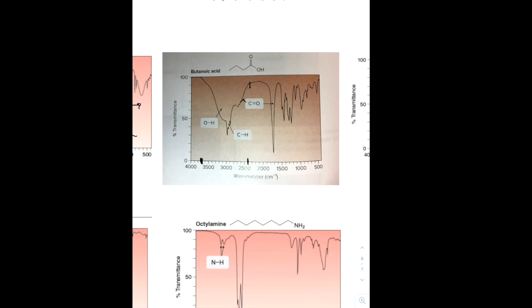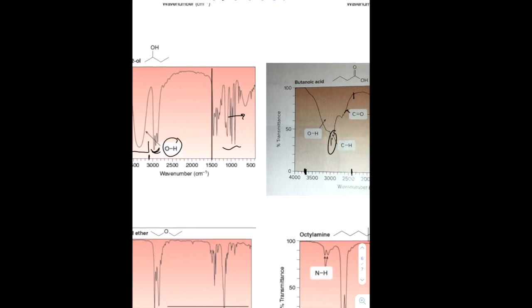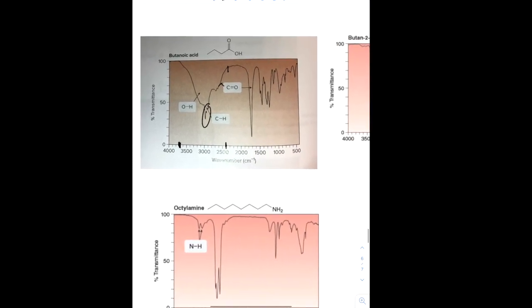It's around 2500, and that's characteristic of a carboxylic acid. If you have that, notice the C-H's are kind of hidden. They're not as obvious anymore like they are in the alcohol. If you have that occurring, as well as the C=O double bond right here at 1700-ish, then you're automatically thinking the carboxylic acid functional group.